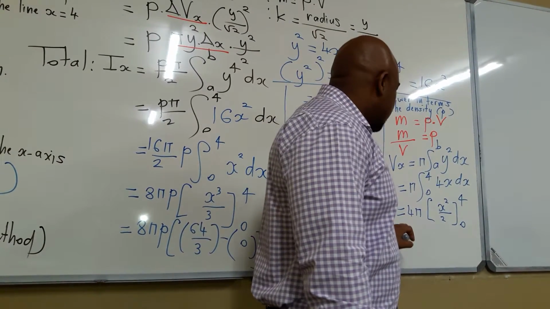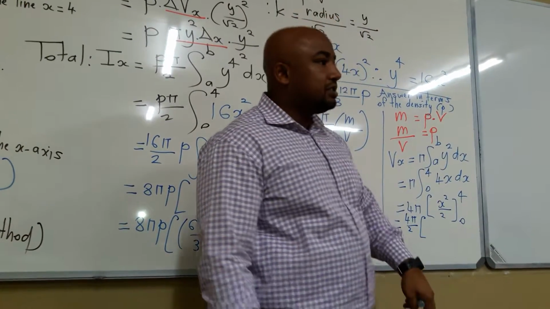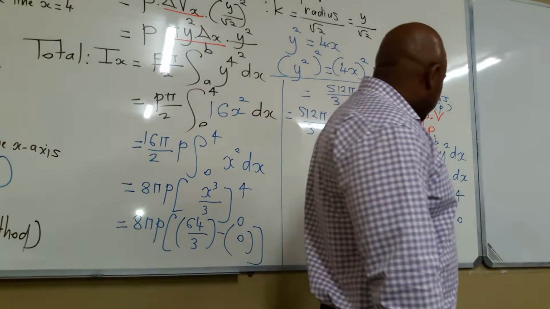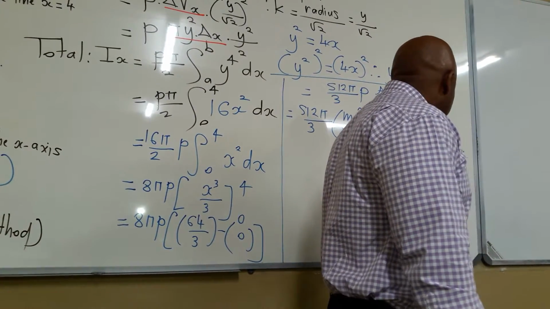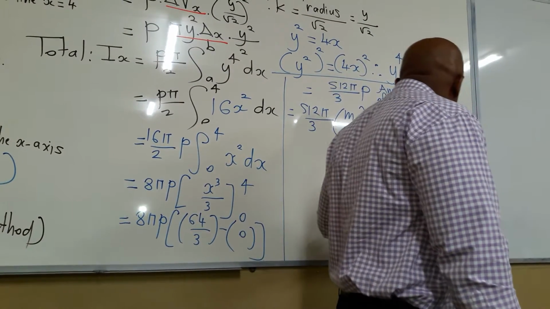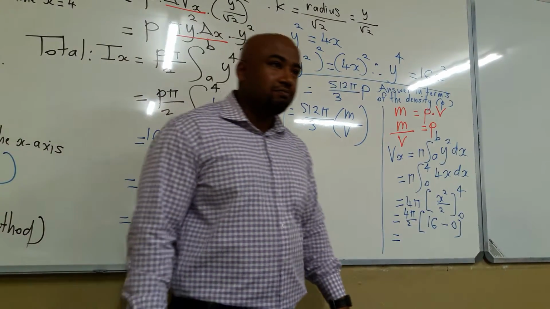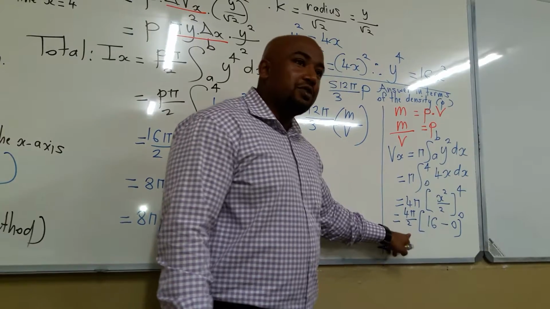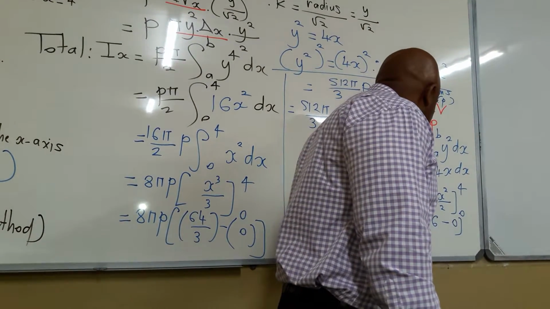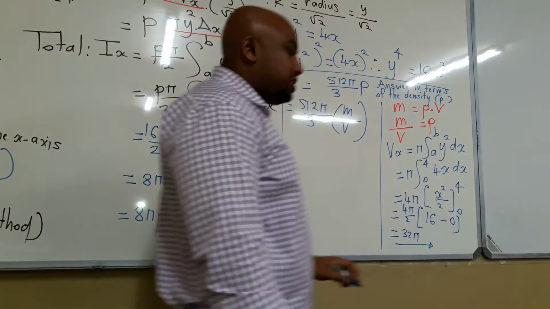So that will be 4 pi over 2. Substitute 4 into x, 4 squared will be 16, minus 0 squared will be 0. So 4 pi over 2 times 16. 16 divided by 2 is 8 times 4 is 32. So the answer is 32 pi. So that is the volume, 32 pi.